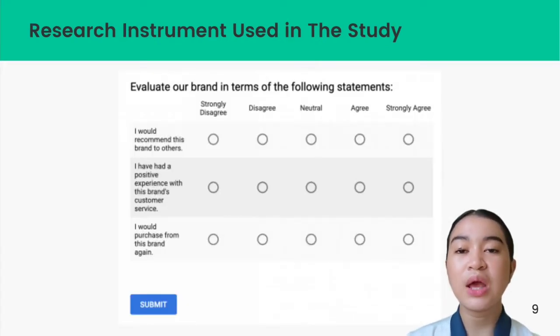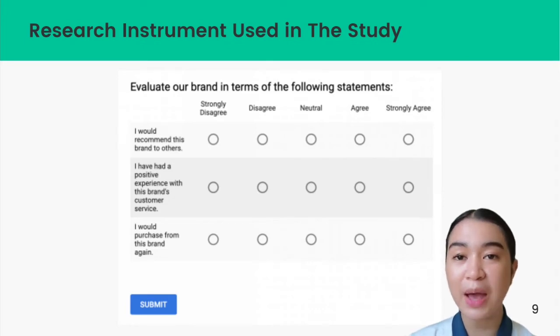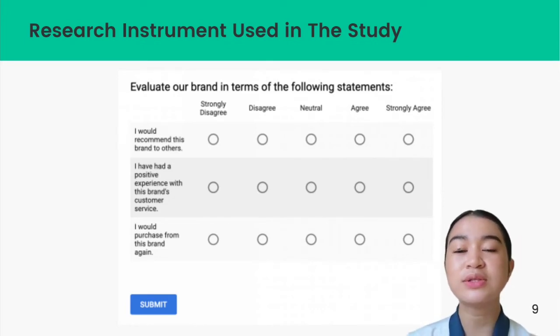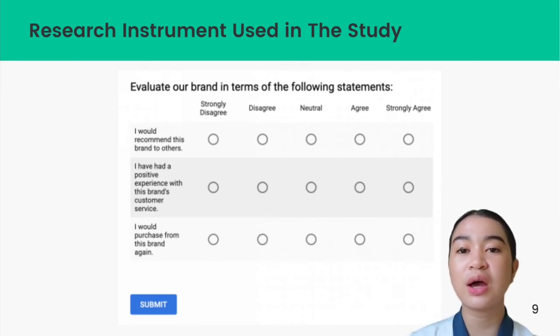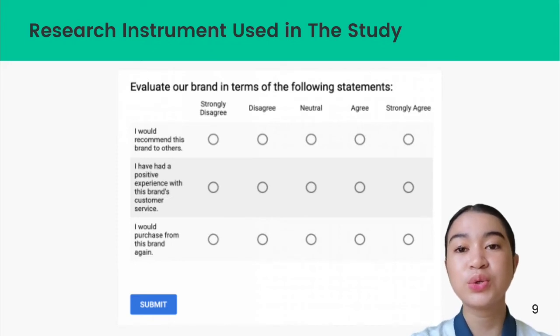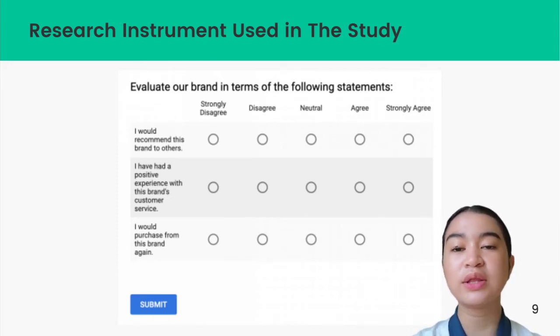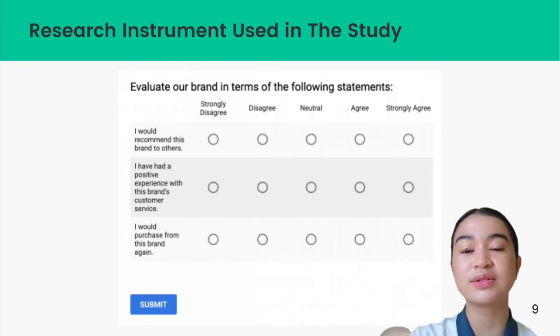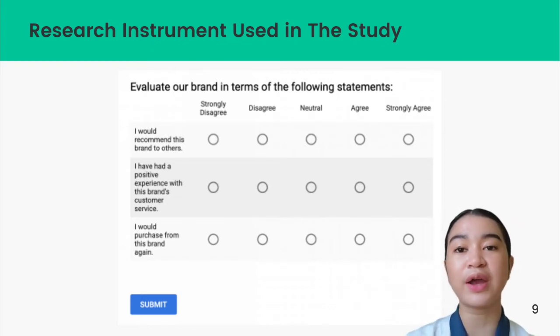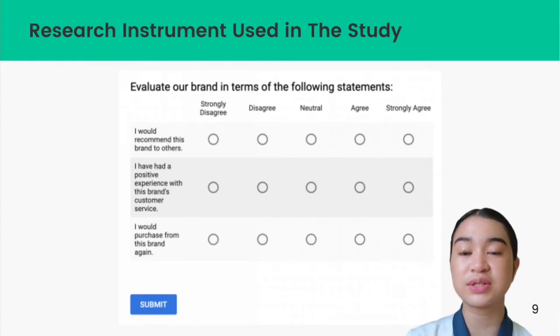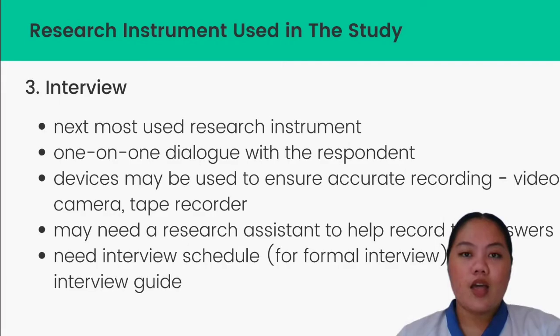For example, if we are going to ask for feedback on a particular product, they can choose in every criterion by checking the boxes. They can choose strongly disagree if they are not satisfied with the product, or they can choose disagree, neutral, agree, and strongly agree.